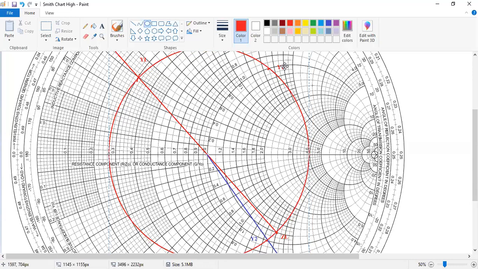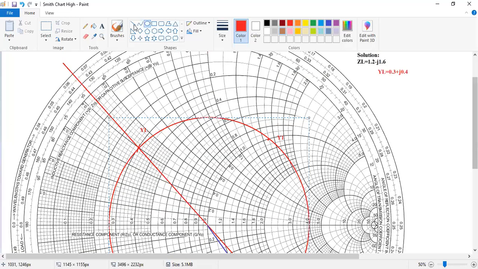Now you are asking about y1 and y2. You draw this circle first and then you will get the point. This 1 plus jx circle is cutting here, so this point is y2. This 1 plus jx circle is cutting here, this is y1.